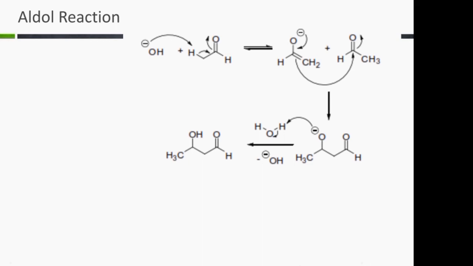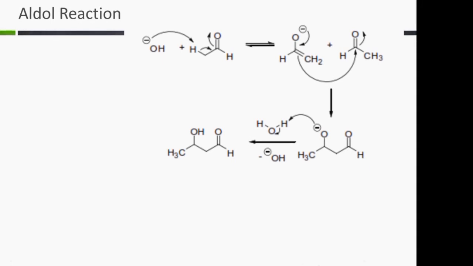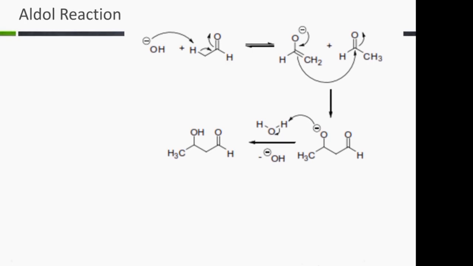So the common name is Aldol. The name Aldol, however, is used for the whole class of reactions involving the enolate and carbonyl compounds. Notice that the base catalyst, that is hydroxide ion, is regenerated in the last step. So this indeed is a catalytic process.